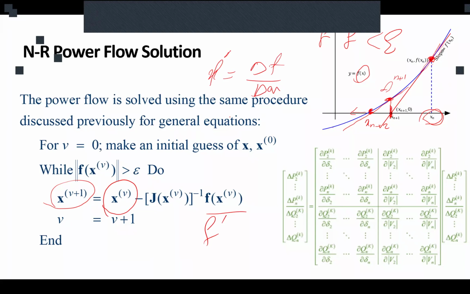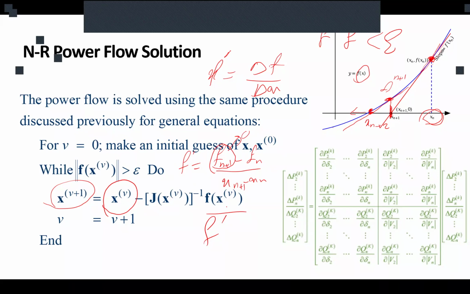So f prime is equal to f n plus 1 minus f n, over x n plus 1 minus x n. We want the f n plus 1 to be 0 because it's our error.